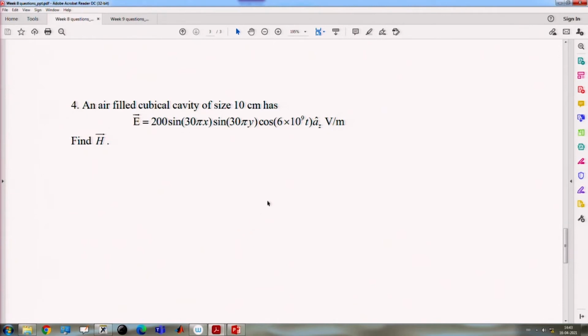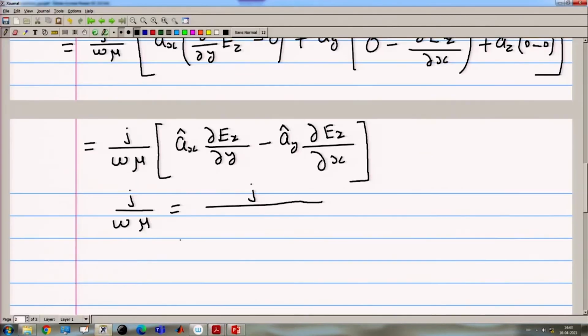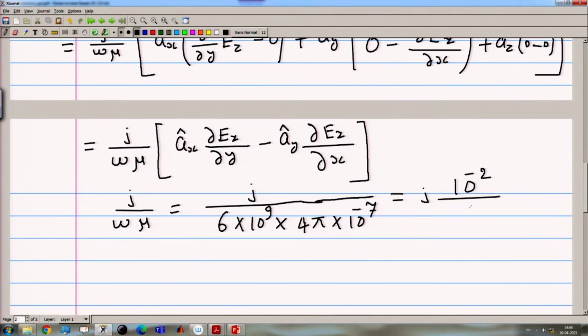So, the omega value will be 6 into 10 to the power 9, and mu will be equal to mu naught, that will be 4 pi into 10 to the power minus 7. So, this will be the value for j divided by omega mu, and the value for this will be j 10 to the power minus 2 divided by 24 pi.